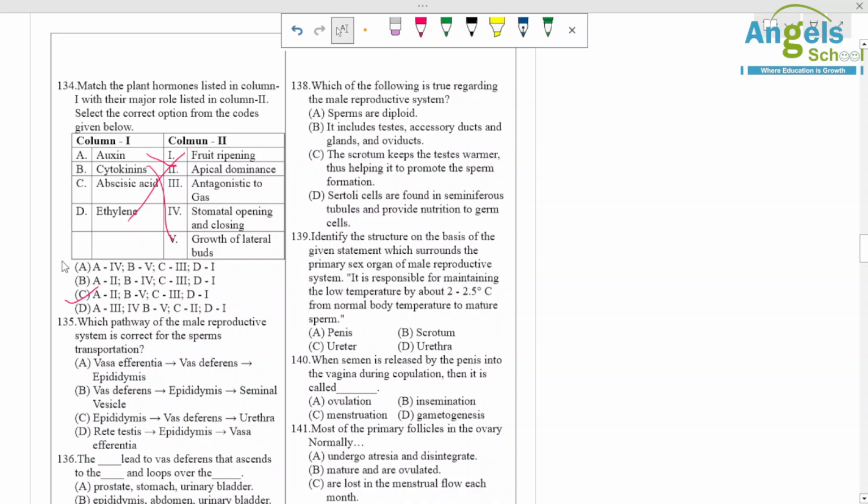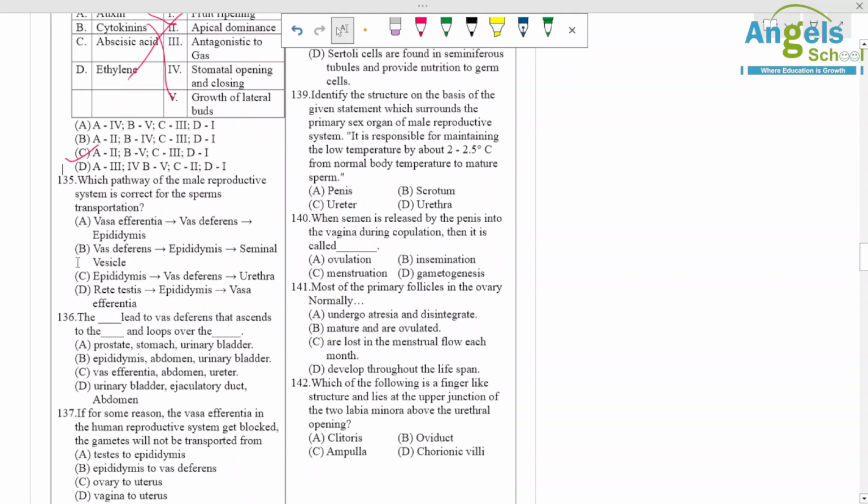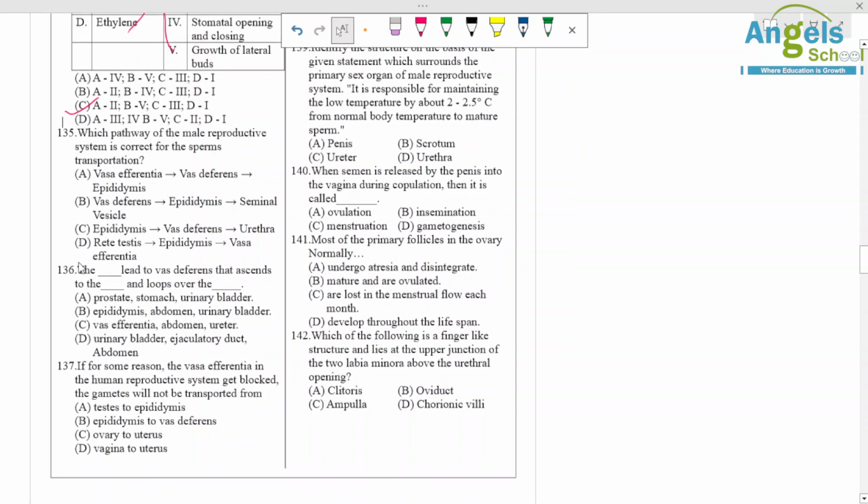Question number 135. Which pathway of the male reproductive system is correct for sperm transportation? Vasa efferentia, vas deferens, and epididymis: wrong option.